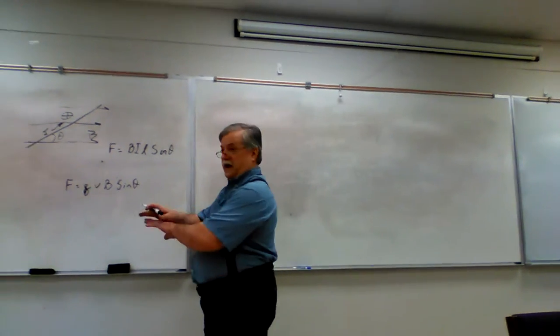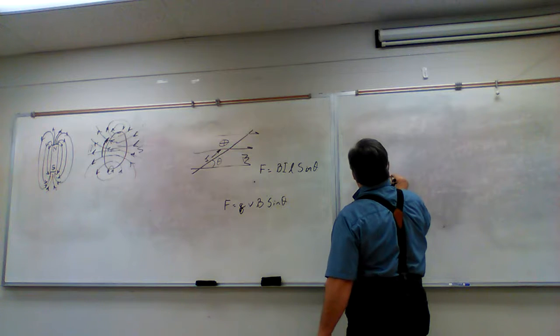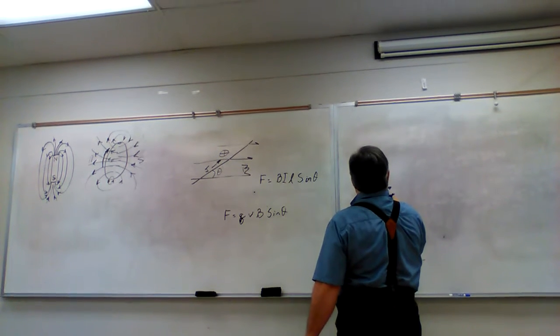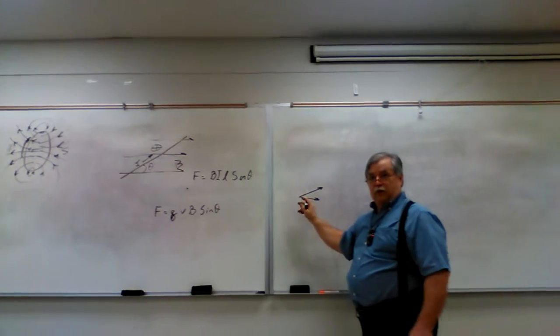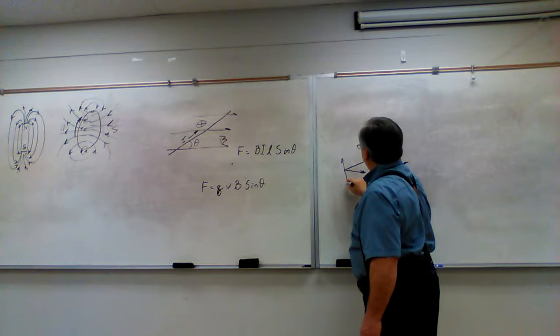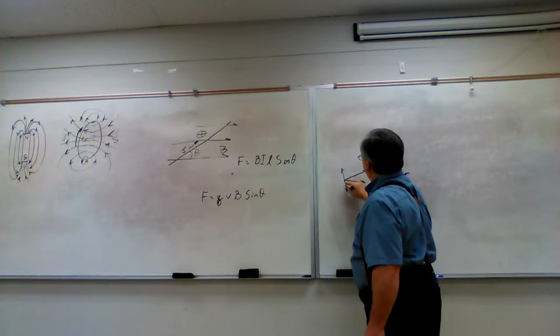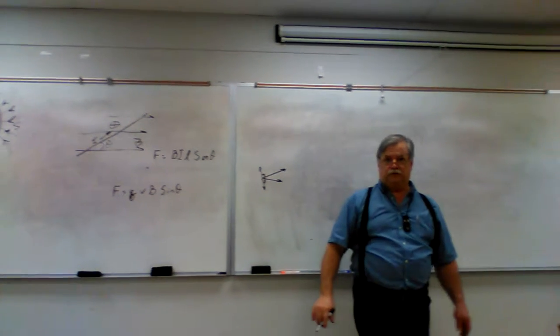So they don't have to be parallel. Like right here, this is your magnetic field, and this is the velocity of your charged particle, but the cross product of them will always be either that direction or that direction, at right angles to both of the initial vectors.